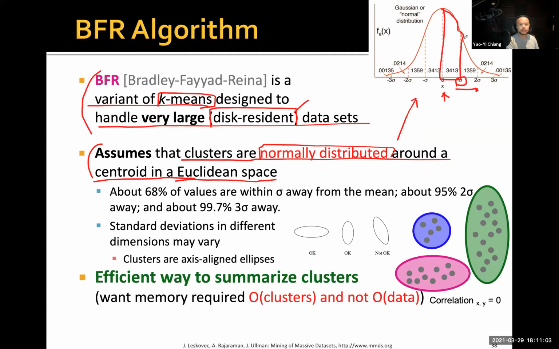What is this range? Well, this is from the mean of your data set to one standard deviation away. This part is 68%. And based on a normal distribution, we know that 95% is 2 standard deviation away, 99.7% is 3 standard deviation away.